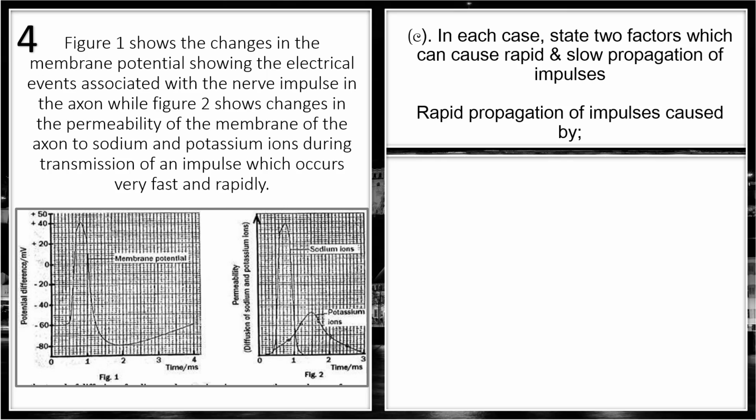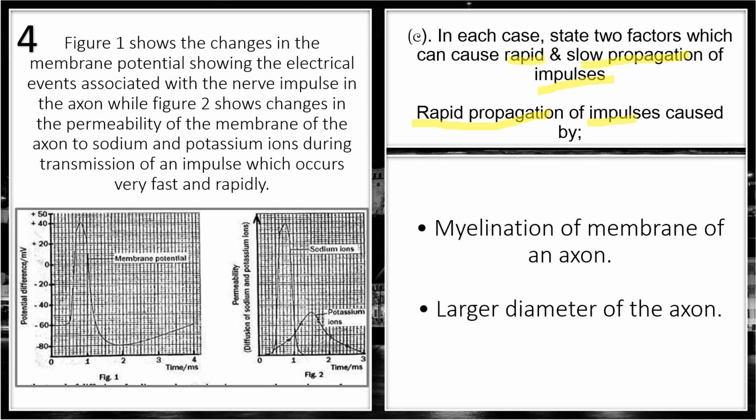Part C. In each case, state two factors which can cause the rapid and slow propagation of impulses. Let's start with the rapid propagation of impulses. This can be caused by myelination of the membrane of an axon. That will increase rapid propagation of the impulse.